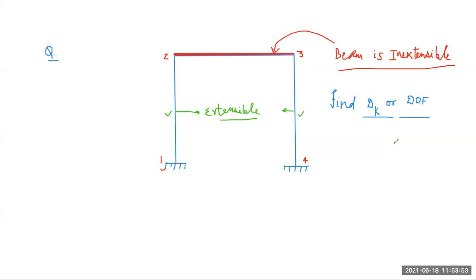Sir, in this case, the beam is inextensible. The formula we have used is decay is equal to 3j minus r minus m. In this case, the joints j is equal to 4 and reactions r is equal to 6. Joints 1 and 4 are fixed, so each is 3 reactions. So reaction is equal to 6, joints is equal to 4, and m is equal to the number of inextensible members.